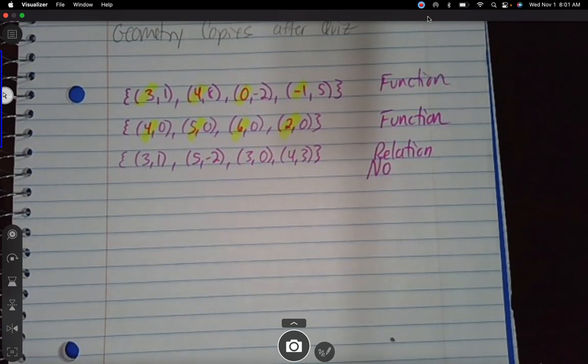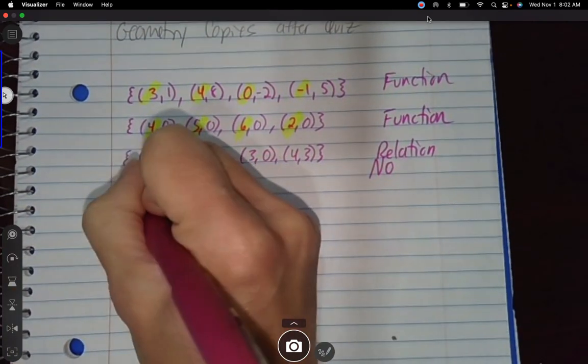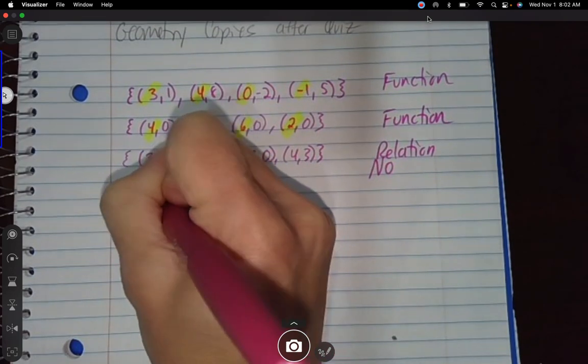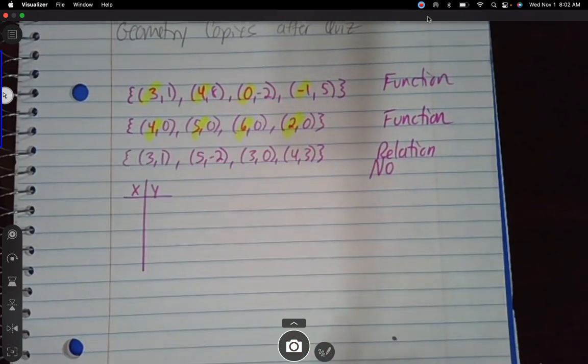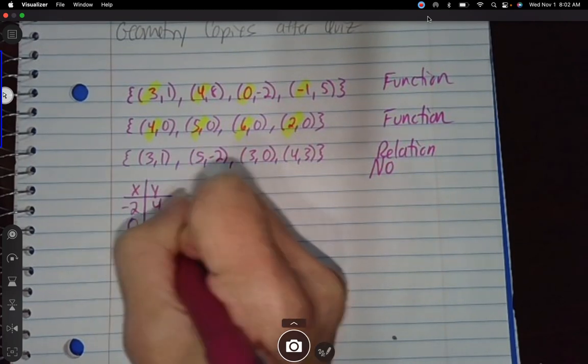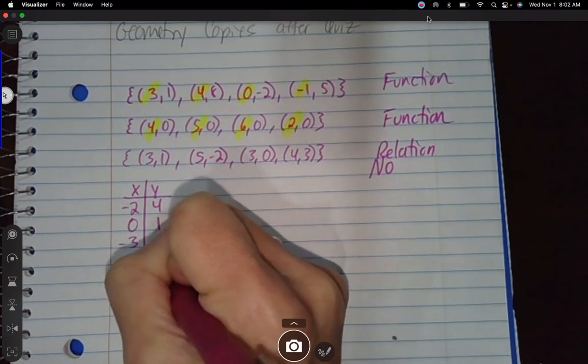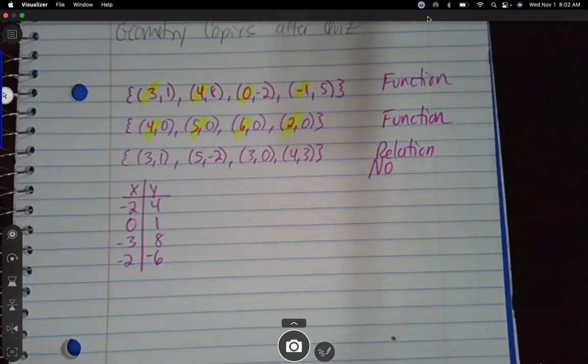The next three, D, E, and F, are written like a table. I'm going to do one of these because it's basically the same exact thing as this. I'll just throw some different numbers.